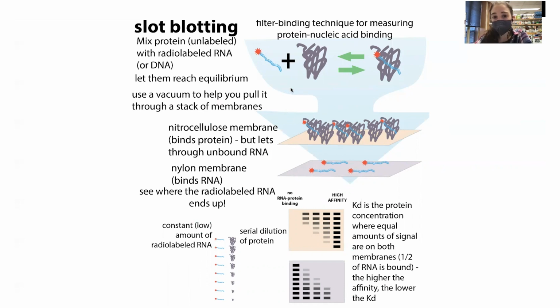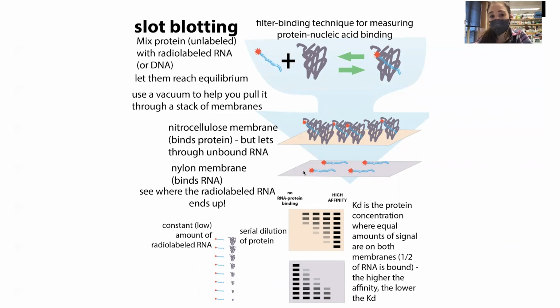What you're trying to do is basically mix the protein and the nucleic acid. You mix different concentrations of one of the components, typically the protein, because you have this radiolabeled nucleic acid, and you can use a really, really low quantity. Then you see how much is bound at these different concentrations by separating them, so that the protein and the RNA that's bound to it is going to get trapped on the nitrocellulose.